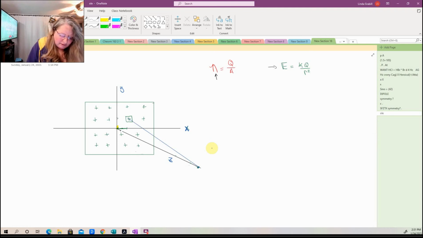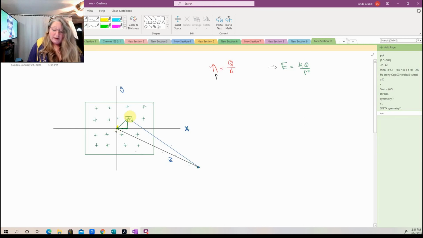Okay, so let's see. We have this 3-dimensional plane. Let's see what's happening here. I have this distance coming out in the X, and I have this distance coming up in the Y. So if I look at this piece and this piece, they're connected from the origin like that.